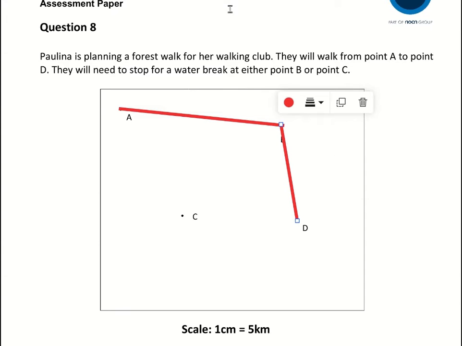So let's measure A to B. Sorry, here is B. Now A to B, that is a distance of 7.3 centimetres approximately. I think the mark scheme will allow plus or minus 2 millimetres here, but it is 7.3 centimetres, and B to D is 4.3 centimetres.